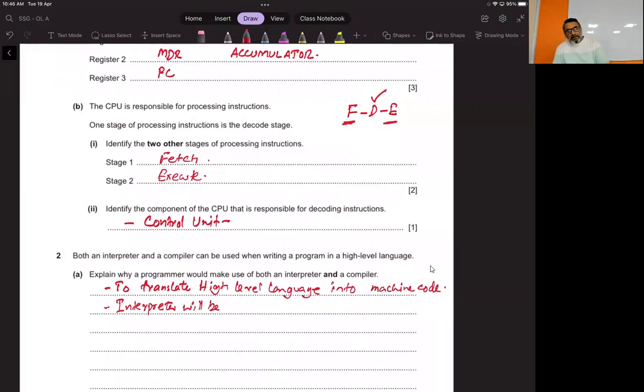Okay, first you need to understand this question. They are actually asking why both are being used at the same time while we are making a program. When we are coding, why do we use both of them? All of you who have an idea of Visual Basic or any other language in which the IDE, the integrated development environment, helps us to edit as well as compile as well as run the code.